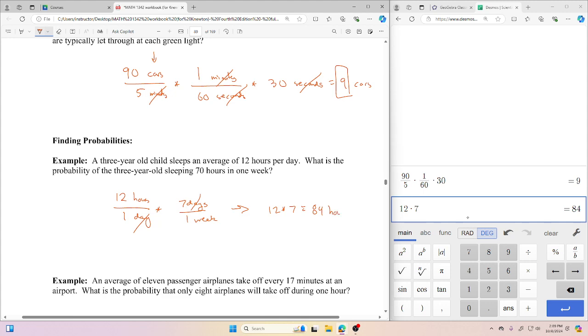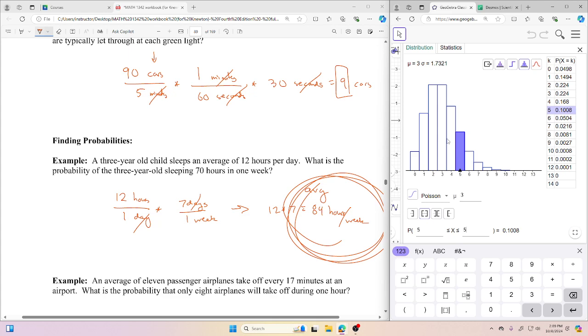So this is going to be my average. That's what I'm going to put into GeoGebra in just a second. Days into weeks, you multiply by 7 and you're good to go. Cool? Easy enough. It makes sense on the surface.